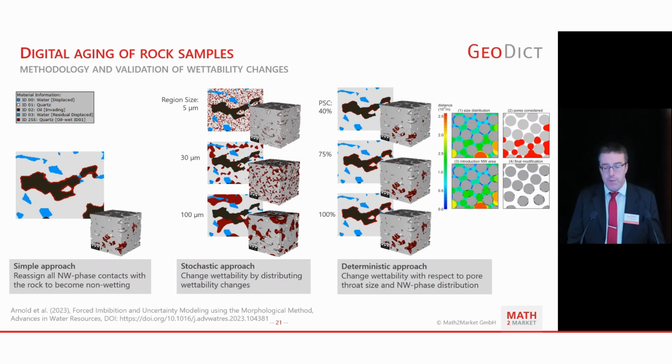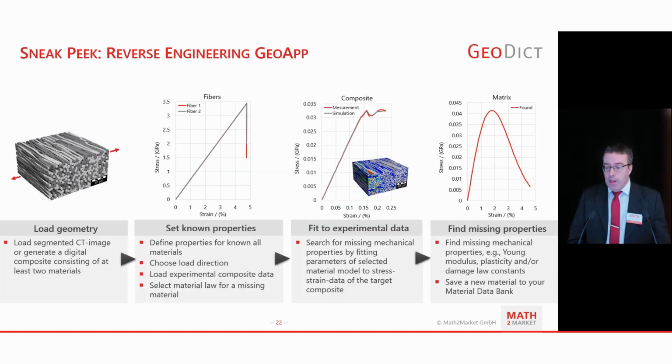I just have small sneak peeks left on my list, and I see the timing, so that should be a bit faster. So one would be the GeoApp called reverse engineering, but it's not reverse engineering everything. The point here is if you have a multi-component composite, and you have given stress-strain data for that, but you have missing mechanical properties for one material, then you can fit those parameters to actually fit this unknown mechanical property so that the measurement results you have are actually matched better.